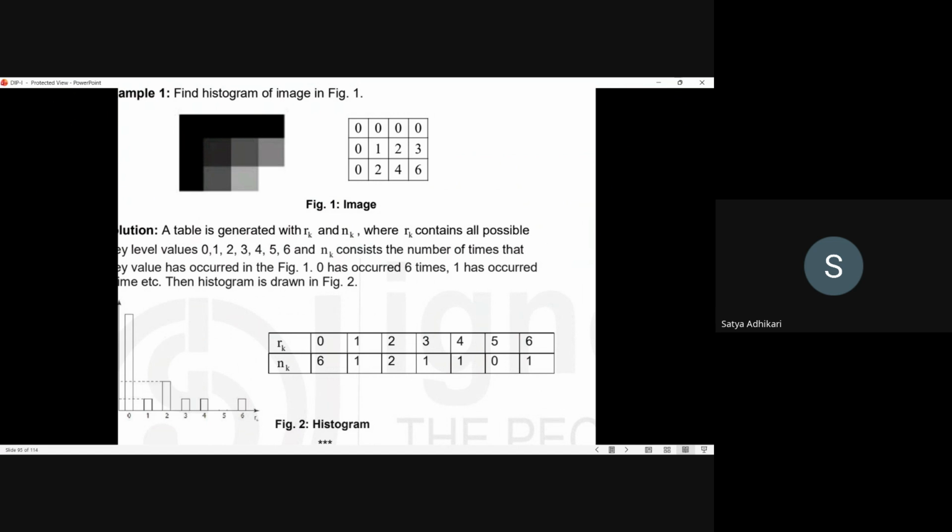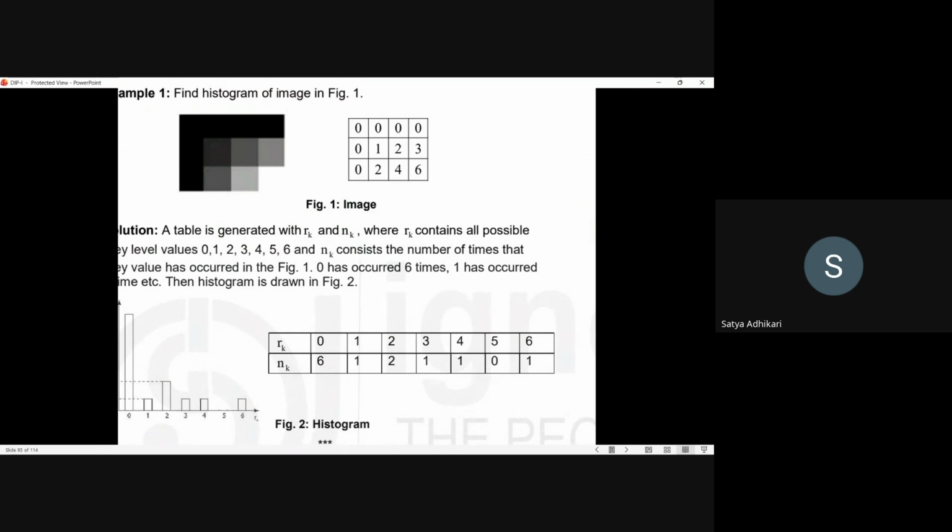Assume that each square is a pixel. There are 4 into 3, 12 pixels having different values. The corresponding matrix is given, which represents the gray level value of each pixel.